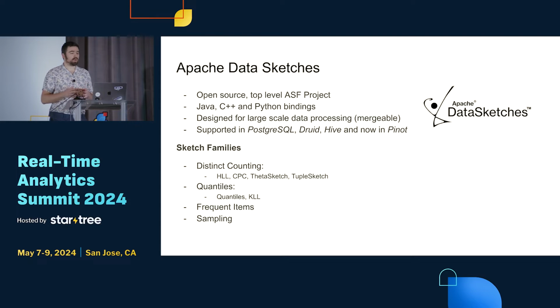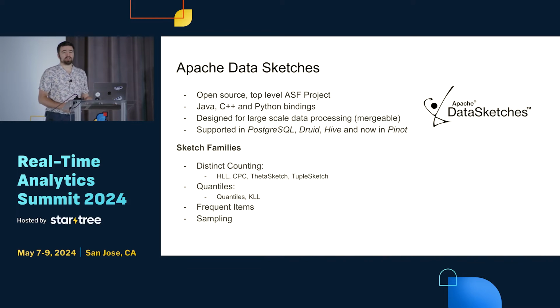What this means is it enables distributed computing. Sometimes these libraries are not designed for that, but in this case it is. And it is supported in PostgreSQL, Druid. You can use it with Hive, and now also in Pinot with the additions in the last years or so.